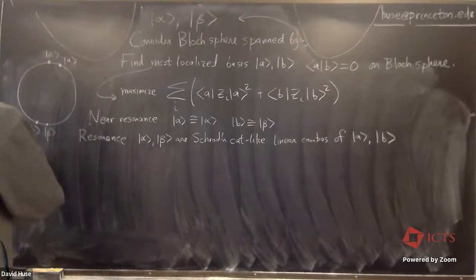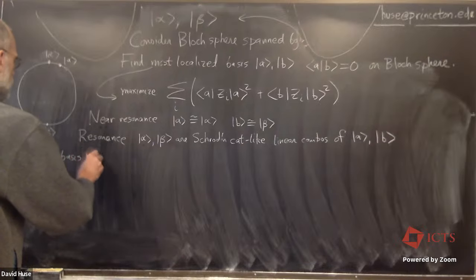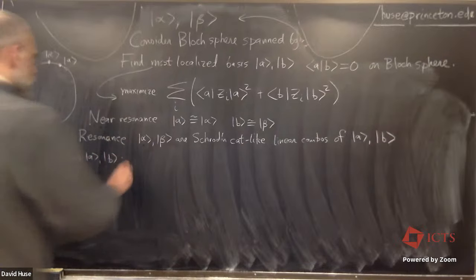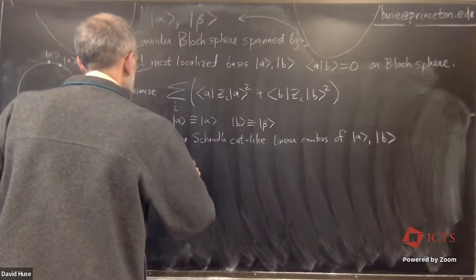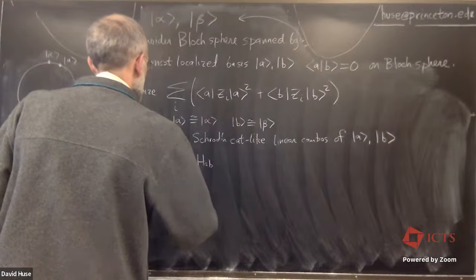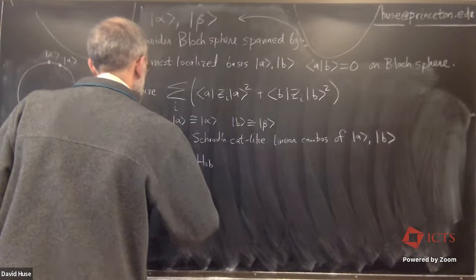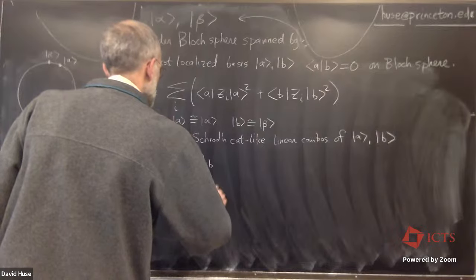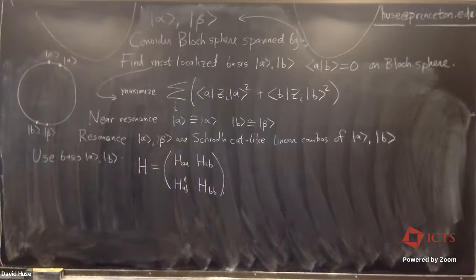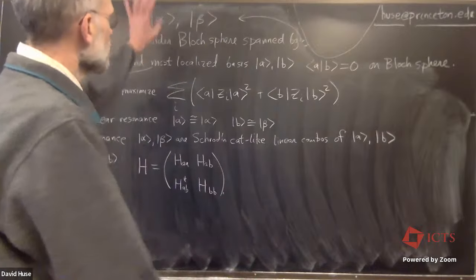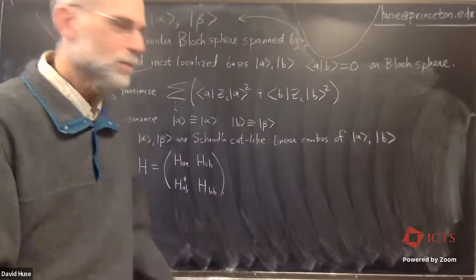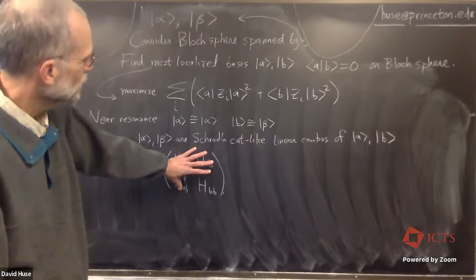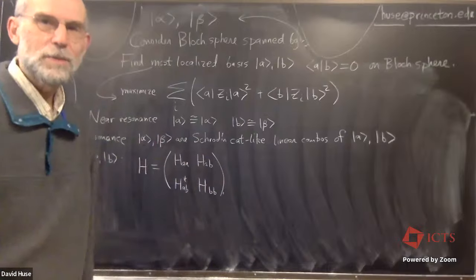Okay, and now what we do is we use this basis AB to look at the Hamiltonian, and the Hamiltonian in this basis is HAA, HAB, HAB star, HBB. All the rest of the Hilbert space, we've just left alone. So the Hamiltonian is diagonal, and it just has this little 2x2 block, because just in this little 2x2 Hilbert space, we've gone to the more localized basis.